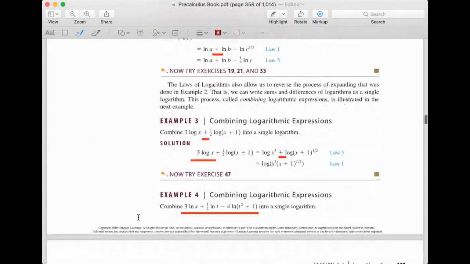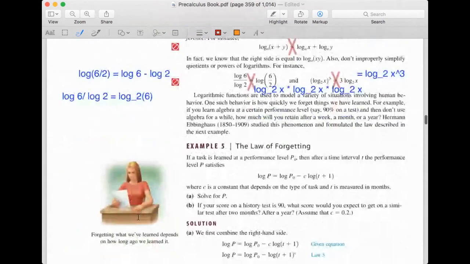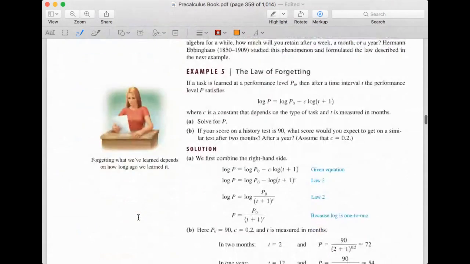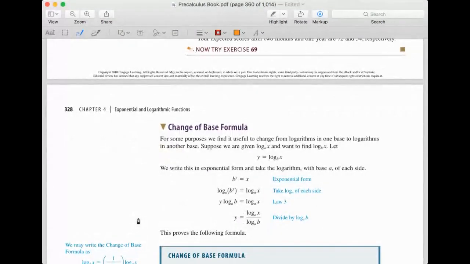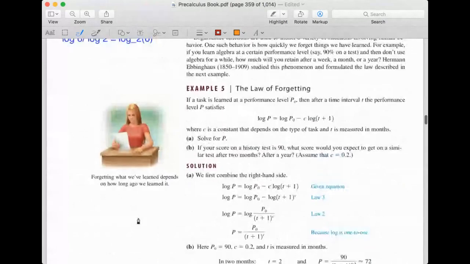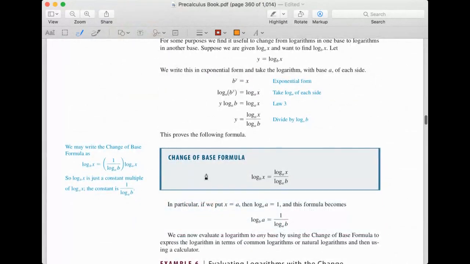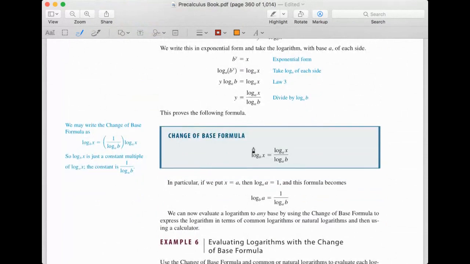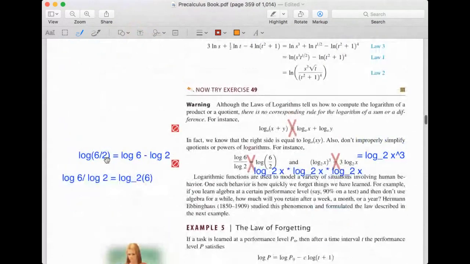So where are we? Okay, change of base formula. I don't know why it's not in the laws. Anyway, that's a new one. So this is a changing of base, because we have one example here.